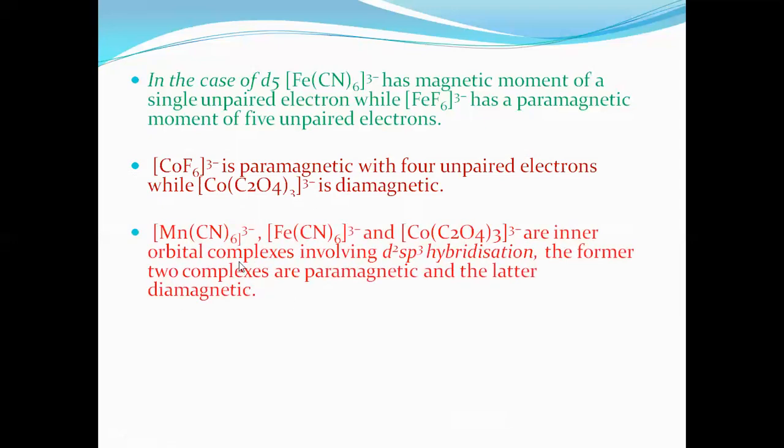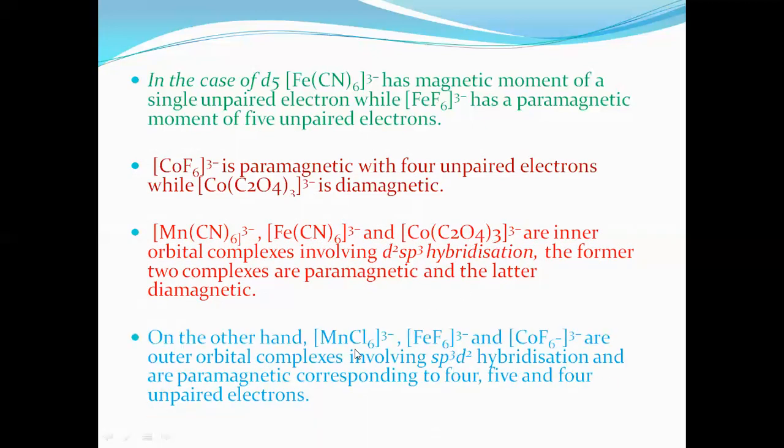Hence, we can conclude: hexacyanidomanganate, hexacyanidoferrate, and trioxalatocobaltate are inner orbital complexes with d2sp3 hybridization, and of these, the first two are paramagnetic and the last one is diamagnetic.